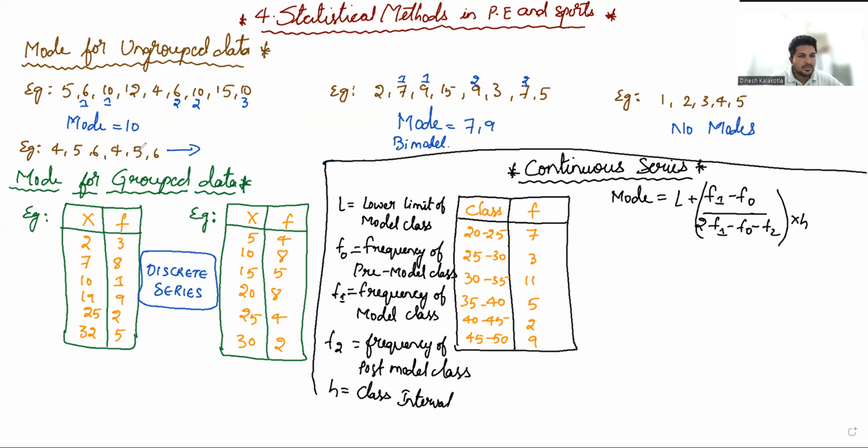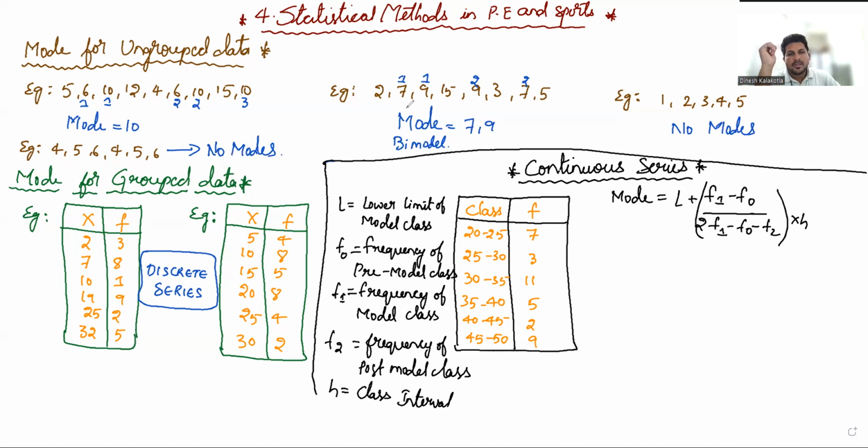So here also you cannot take anything as a mode because no one score is repeating more than the others. Each and every score has the same repetition as the other scores. So here also you consider it as no mode.